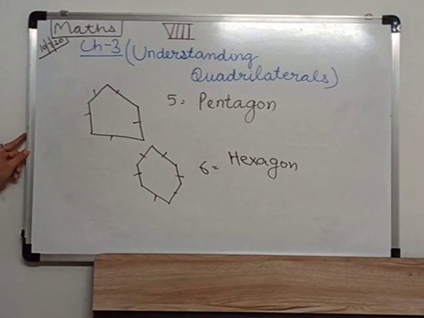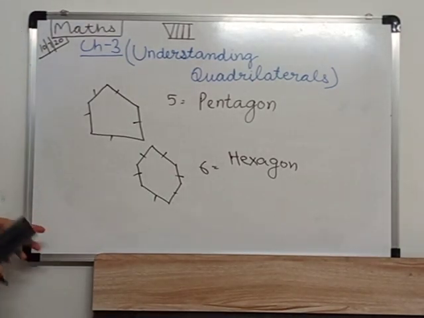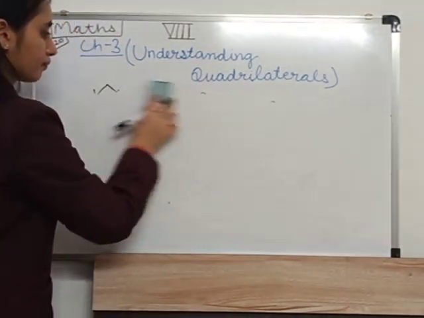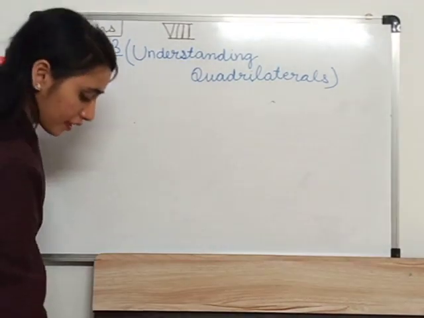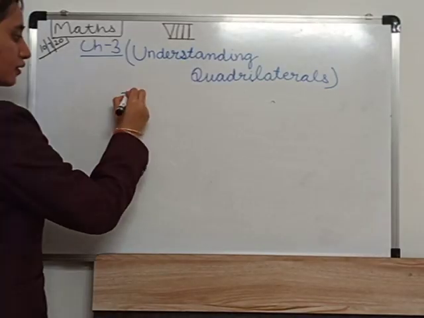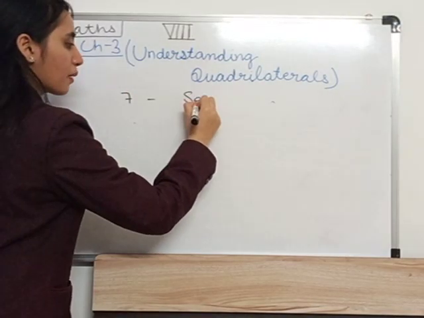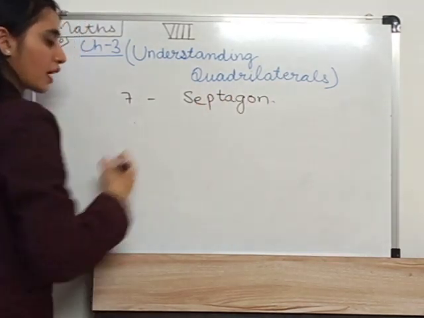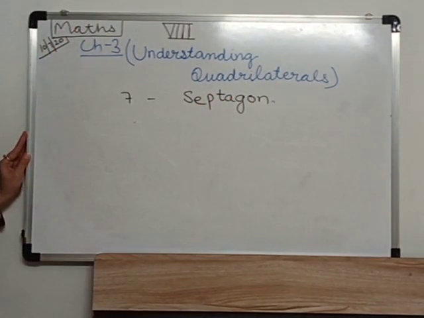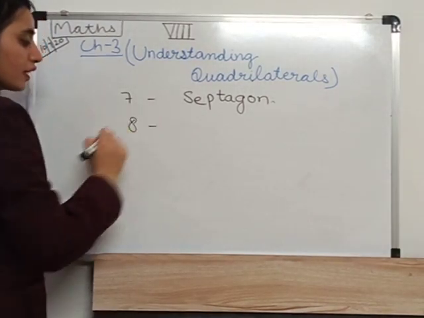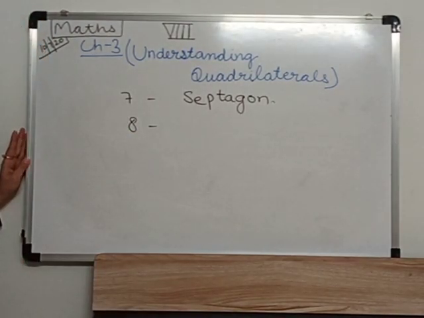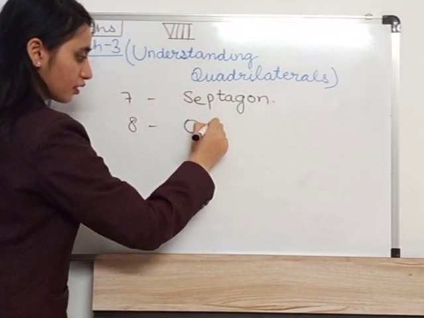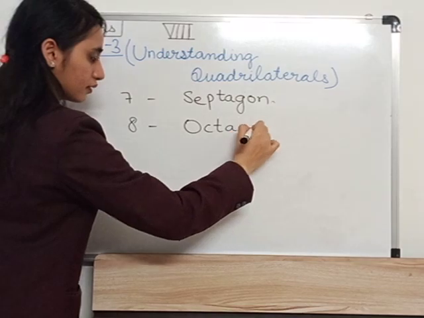Hexagon. Now if a polygon has 7 sides, that name is septagon. And if a polygon has 8 sides, then the name of that polygon is octagon.